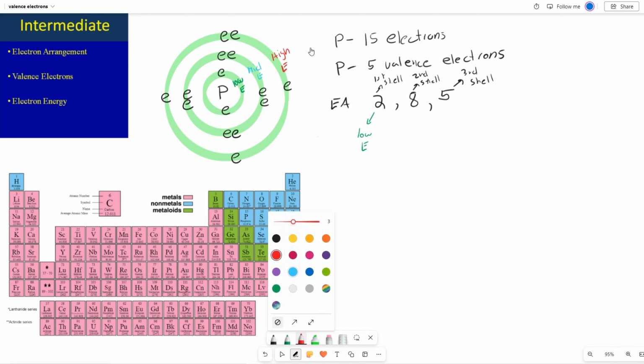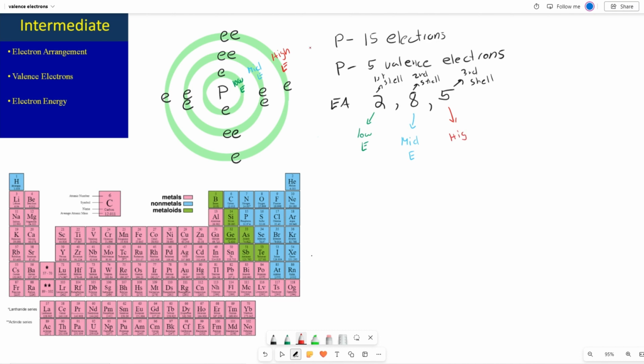These electrons here are mid-level energy, but not high enough to want to react. And then these electrons here, since they're furthest away from the nucleus, are the high energy electrons. These are the ones that are going to want to react with other atoms. And those high energy electrons, these are also called our valence electrons.